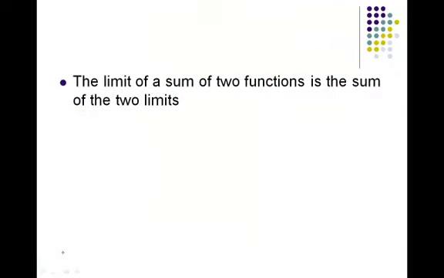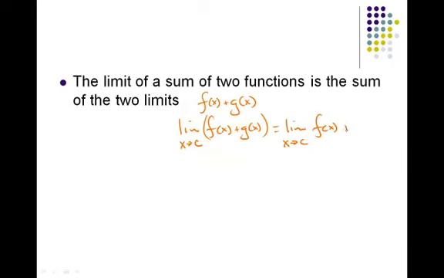The first is that the limit of a sum of two functions is the sum of the two limits. In other words, if I have two functions added together, whatever they might be, then the limit as x approaches any value c of f of x plus g of x can be computed by taking the limit as x approaches c of f of x separately and adding that to the limit as x approaches c of g of x.